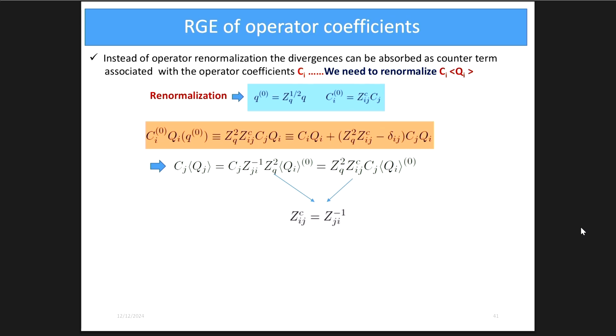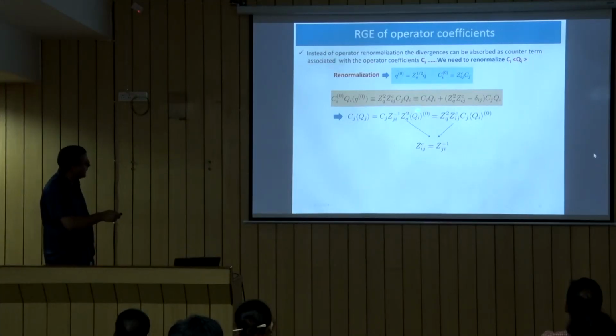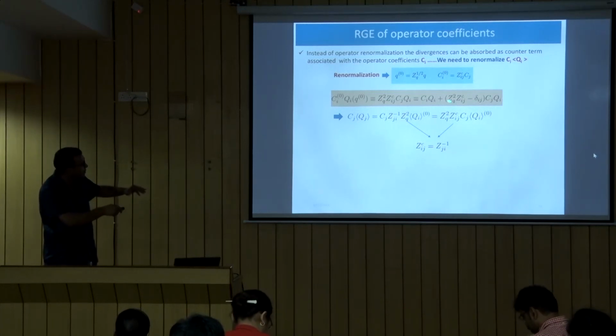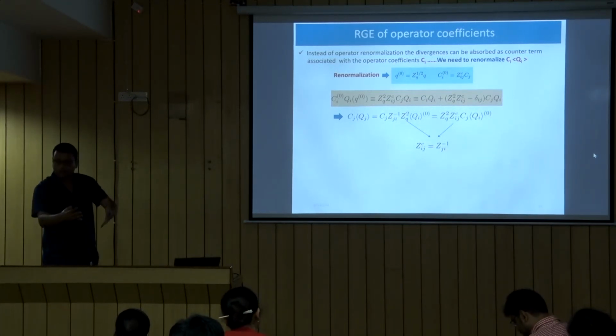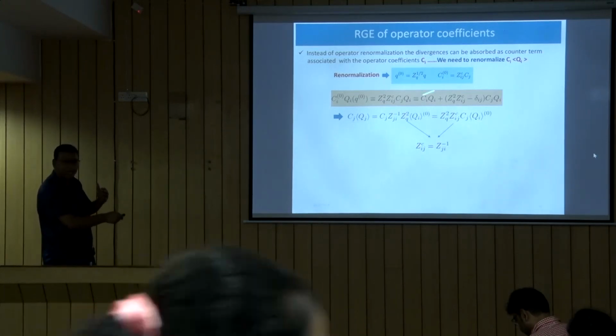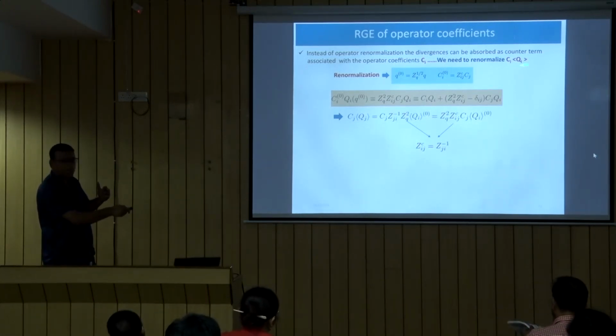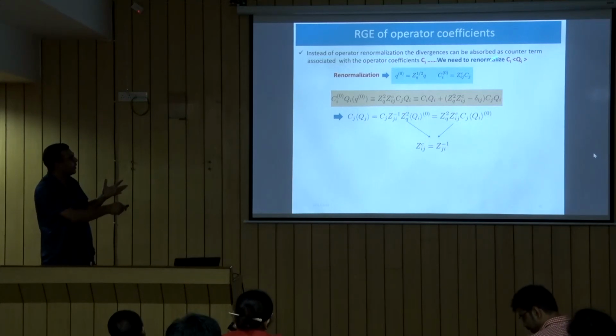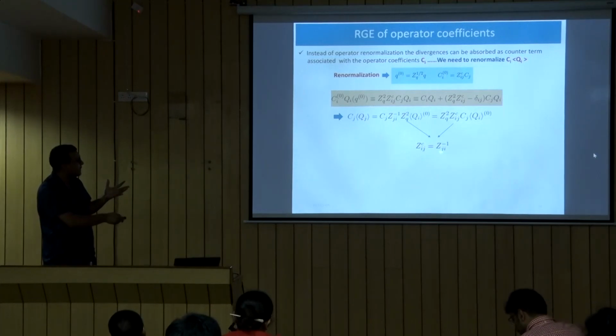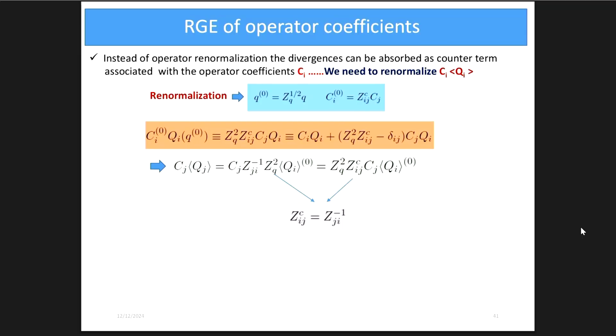Okay? So, then finally, in one way, in the beginning, this part you have obtained from operator renormalization, that part you have obtained from the coefficient renormalization. So, these two things should be equal, right? Because anyway you are talking about the renormalized quantity. So, if you compare these two things, then you can say Z_i^C, the renormalization constant associated with the coefficient, should be equal to Z_ji inverse.